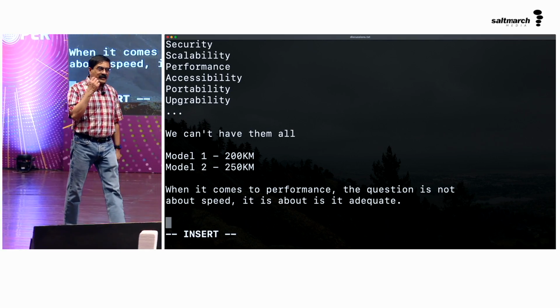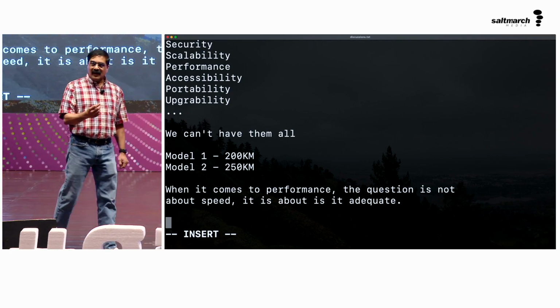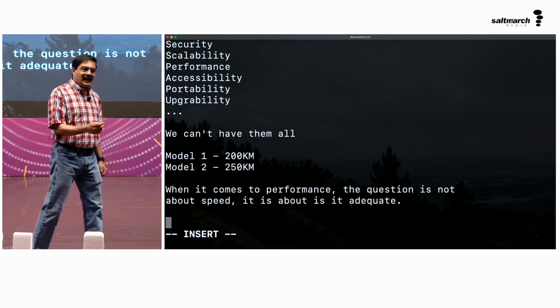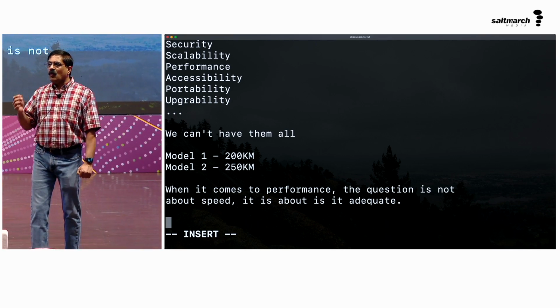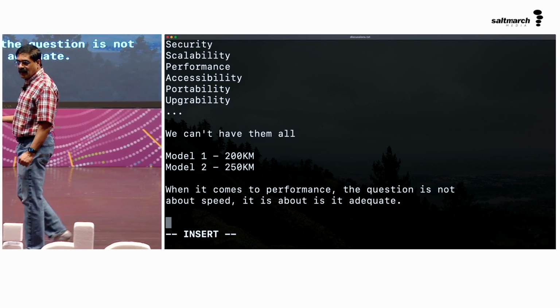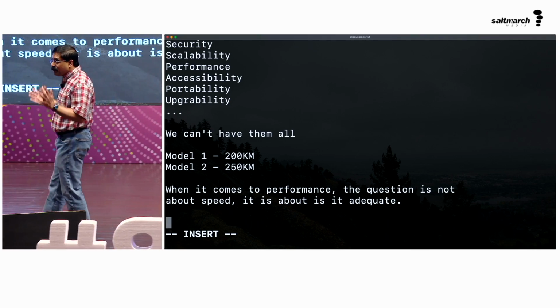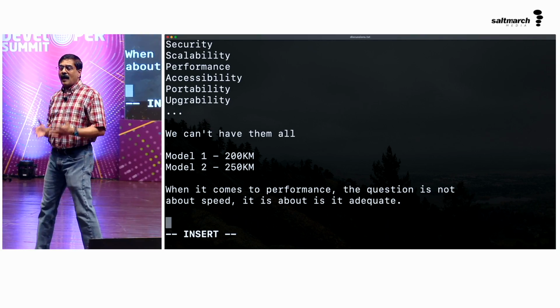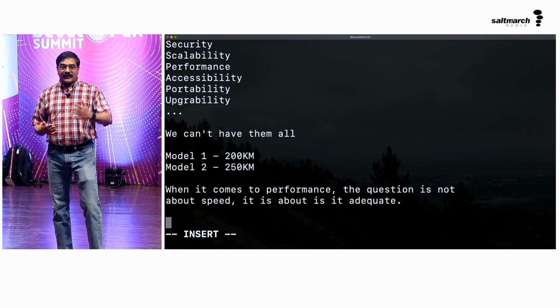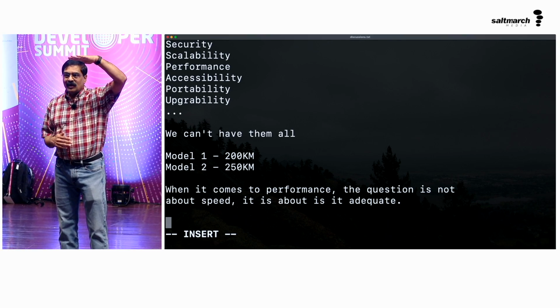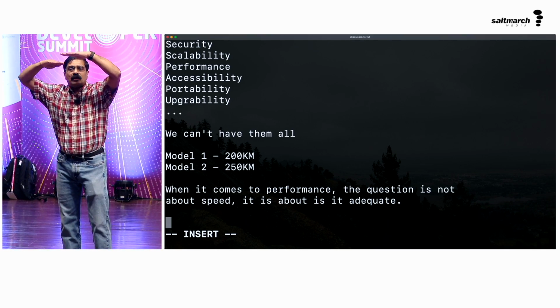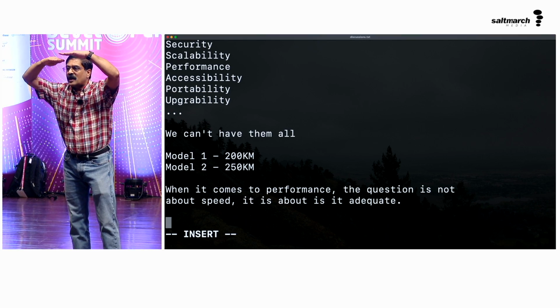If the performance I get from a code is adequate, it serves my business needs, then why do I want to squeeze more performance over that? So maybe, just as a hypothetical, it doesn't mean this is true, maybe your imperative style code is really fast, and maybe your functional style code is not as fast. Let's just assume that's the case.